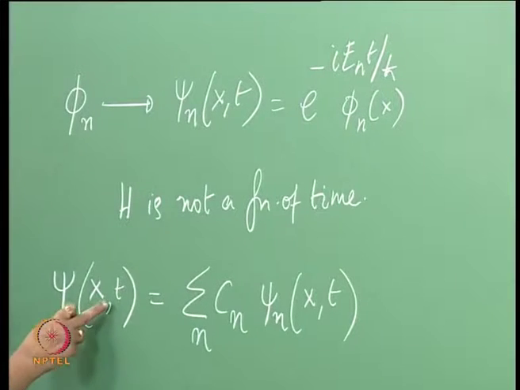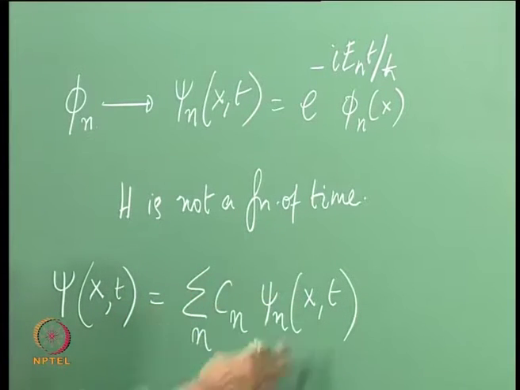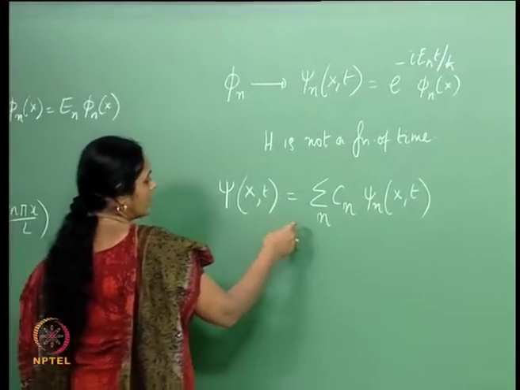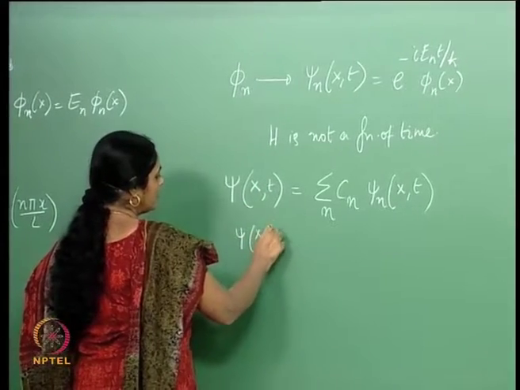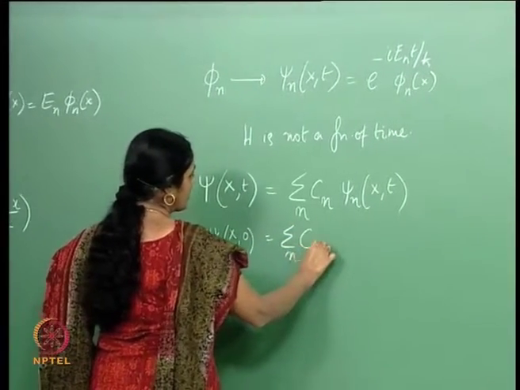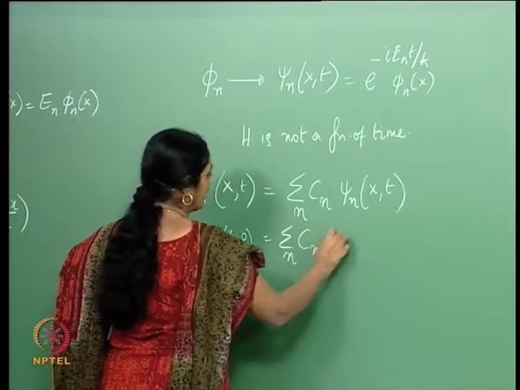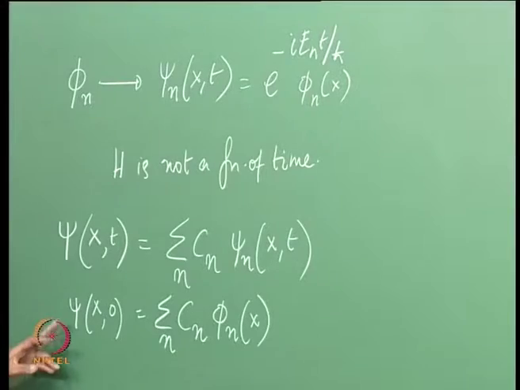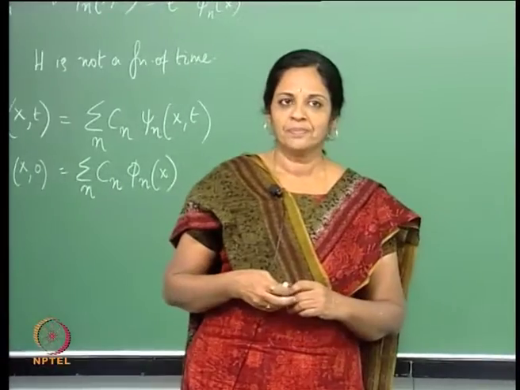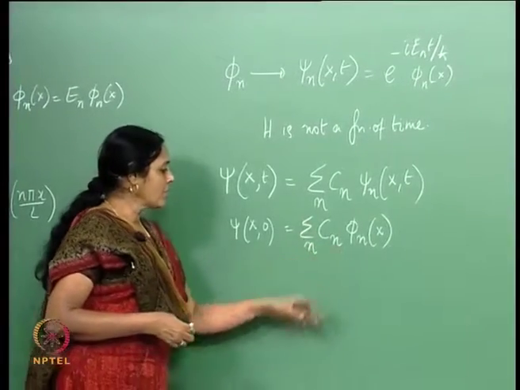So, at any instant of time, this is a linear superposition of the evolved eigenstates of the Hamiltonian, and it is clear therefore that at time t equals 0, psi of x is simply the sum of C n psi n of x, 0, which is phi n of x. So, now let us start with arbitrary initial states psi of x, 0 and see how exactly it evolves in time. In other words, one wants to find out what the C n's are.